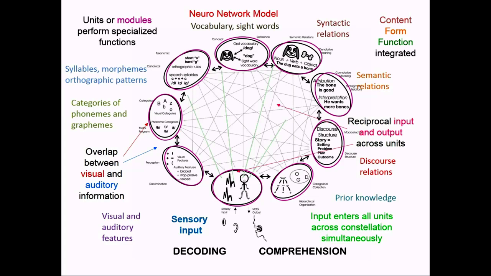On the left-hand side of the model, we'll be talking about the decoding aspects, which includes the visual and auditory features, the perceptual categories that are supposed to form for phonemes and letters, and how they're supposed to become linked to each other, the syllable patterns and how they're represented by orthographic or spelling rules, the vocabulary, which is supposed to become rapid sight word vocabulary in reading, the syntax, which is supposed to help us read faster and make linguistic predictions, the semantic relations and the interpretations that you're supposed to make at higher levels, the discourse structures, and prior knowledge and memory, and some of those executive functions.